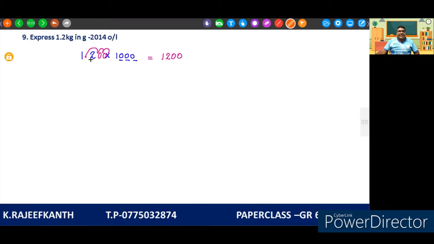So we can write 1200. Now what is the answer? We have to give the answer in gram because we are converting kilogram into gram. Express 1.2 kilogram in gram: the answer is 1200 gram.